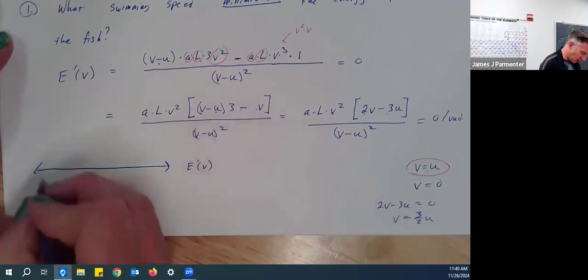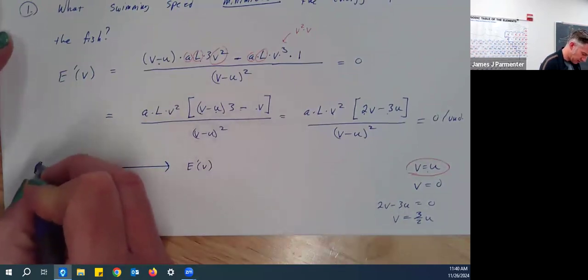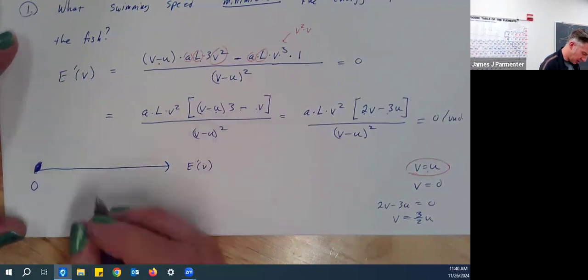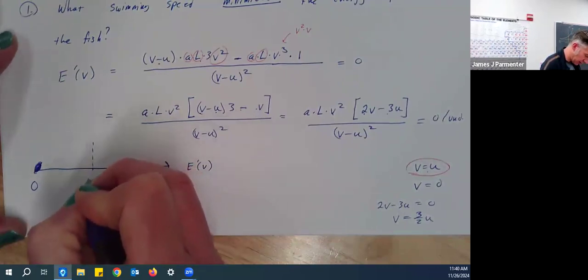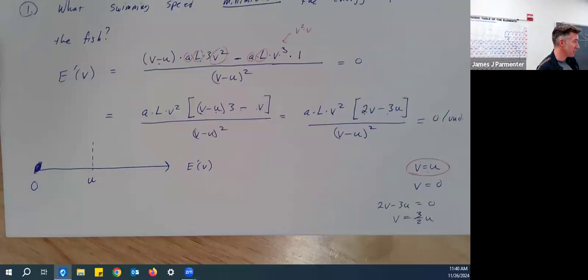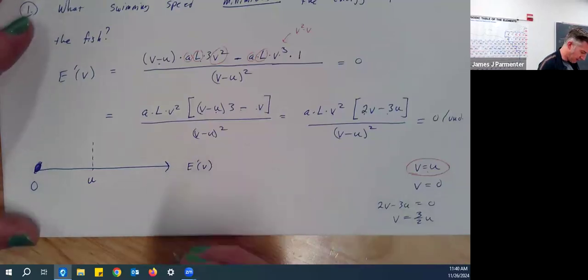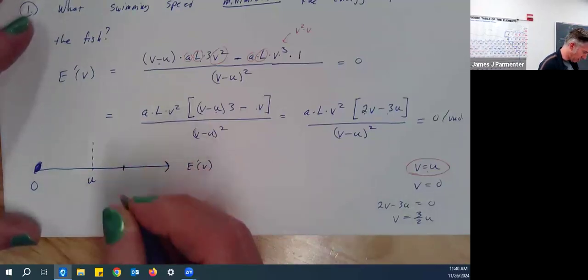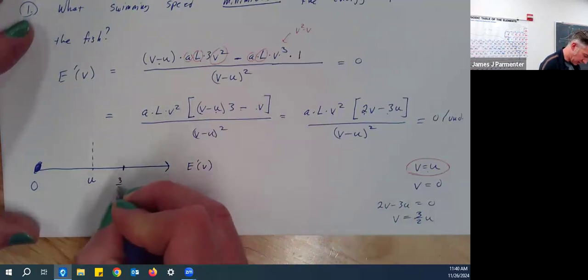I have 0 over here, which should be the end of things. Then I do need to include u on my sign chart because it is a place where things can change. And then we have our actual critical value that's going to matter, which is 3/2 times u.